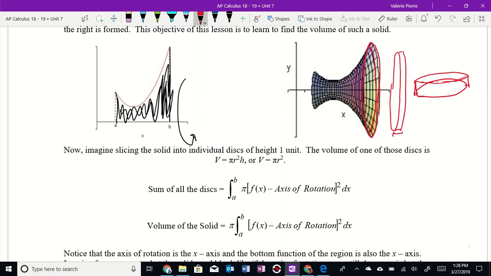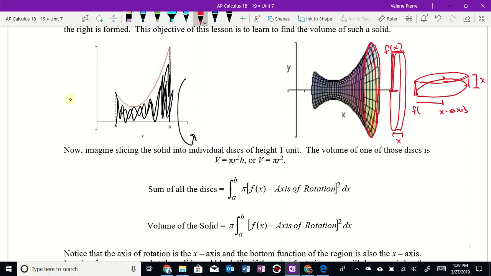So the height of this figure is x. Okay, so this height is x. The middle of this figure is my axis. So right in the middle of this is my x-axis, because that's what I'm rotating it over. And then if I look here, the length of this is just whatever f of x is at that x value.